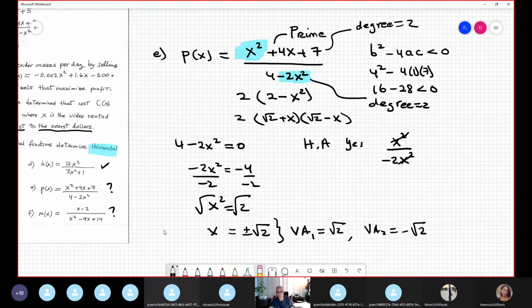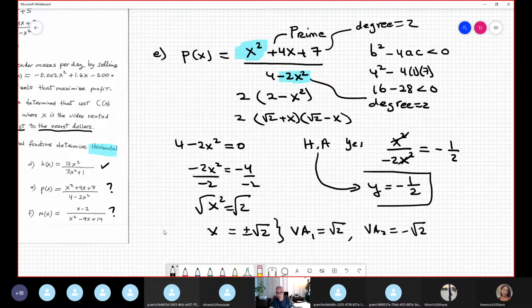The x squared, one more time, cancels out, and the answer is negative 1/2. The horizontal asymptote is at the line y equals negative 1/2. Boom, boom, boom. Everyone follow me? So in this example, number 8, we have 2 vertical asymptotes and 1 horizontal. Okay, not bad. Easy to understand.